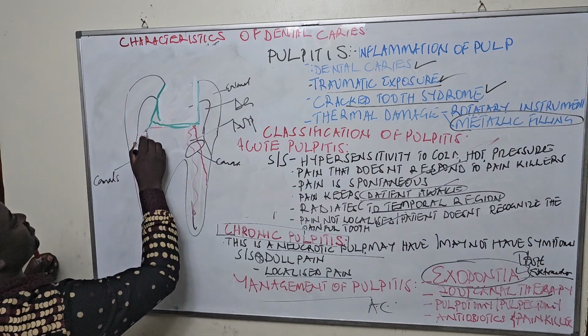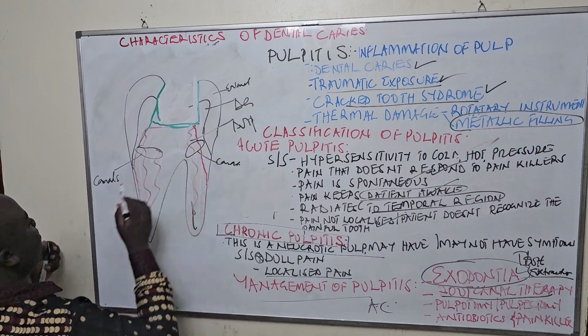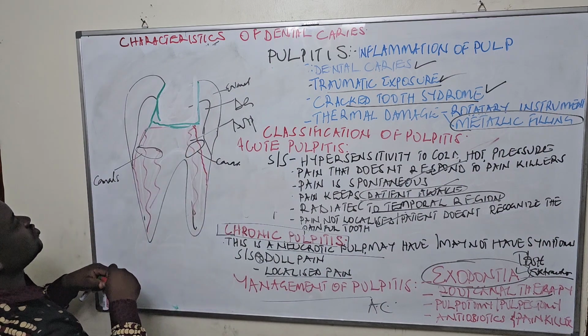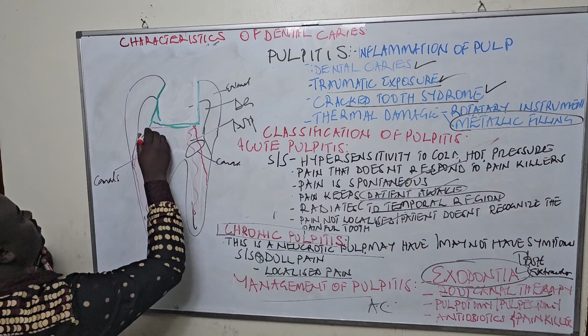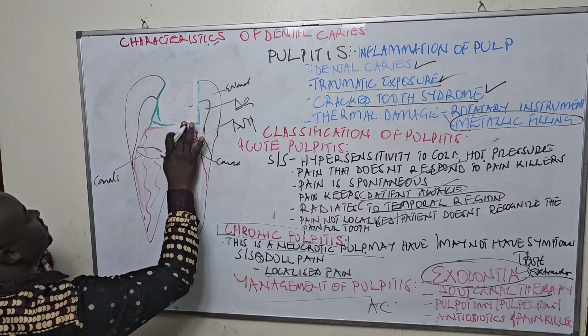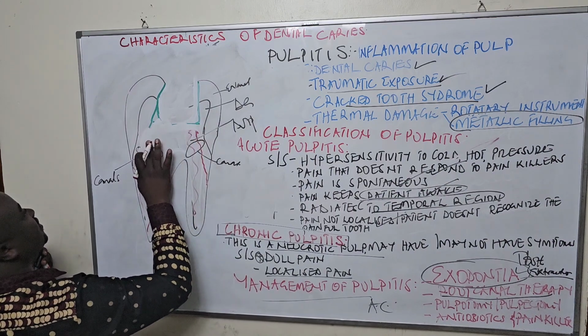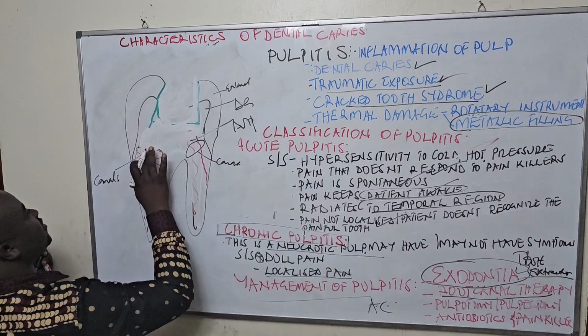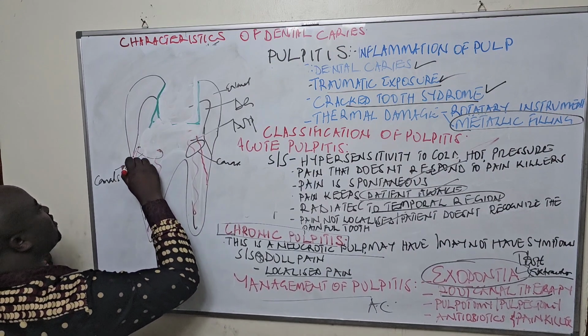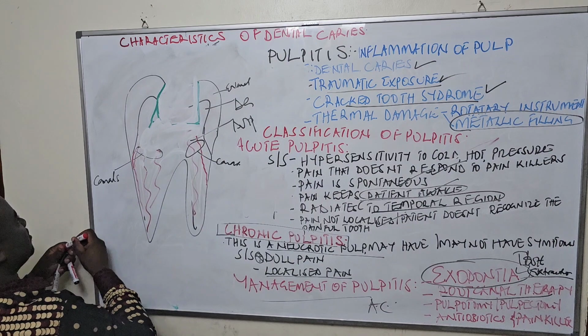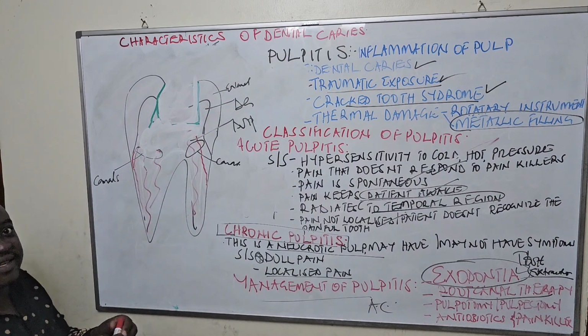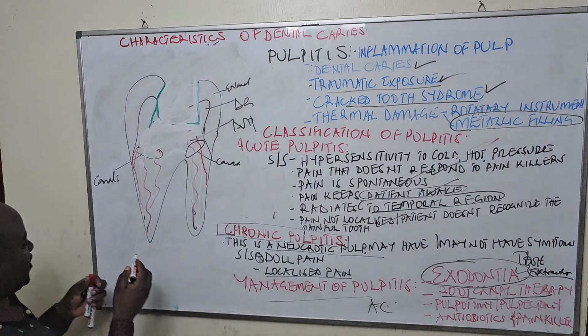So you remove this pulp, this red part here, and also all this you remove it, and also using something which is called like a file.